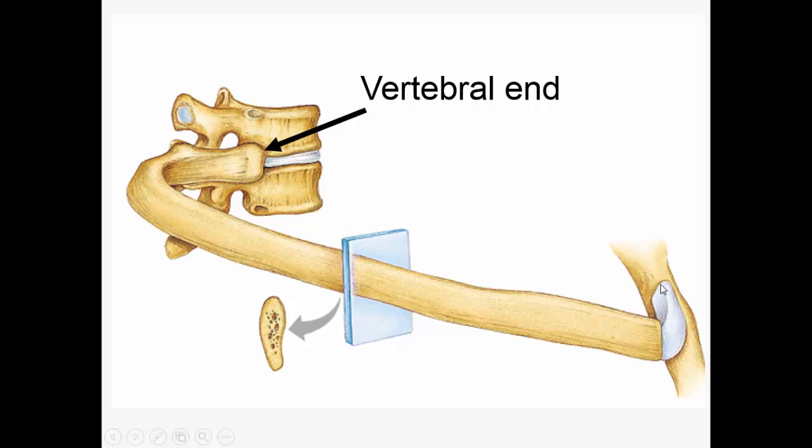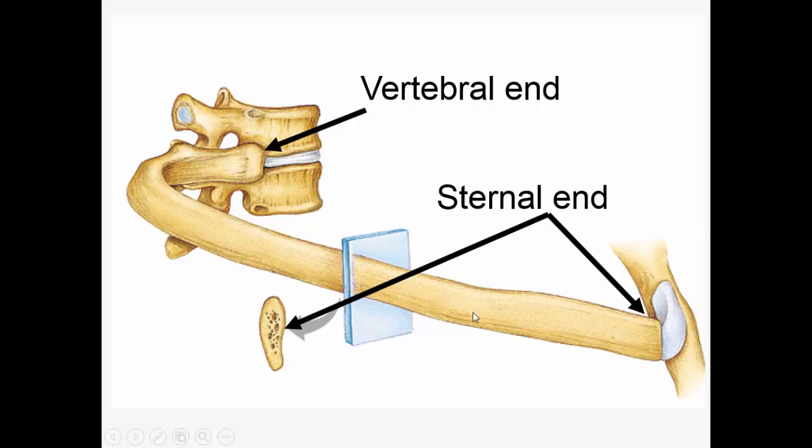This end of the bone, which articulates with the sternum by using a costal cartilage, will not have a shell on its very end. So when you look at the end of it, you actually get to see that compact shell and the spongy bone center. This end of the bone is known as the sternal end because it articulates with the sternum. And the cartilage is known as the costal cartilage, costa for rib.